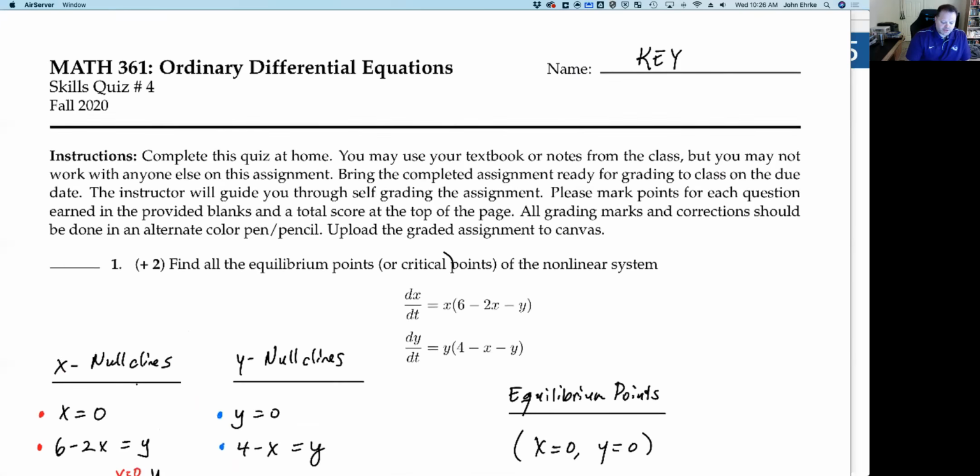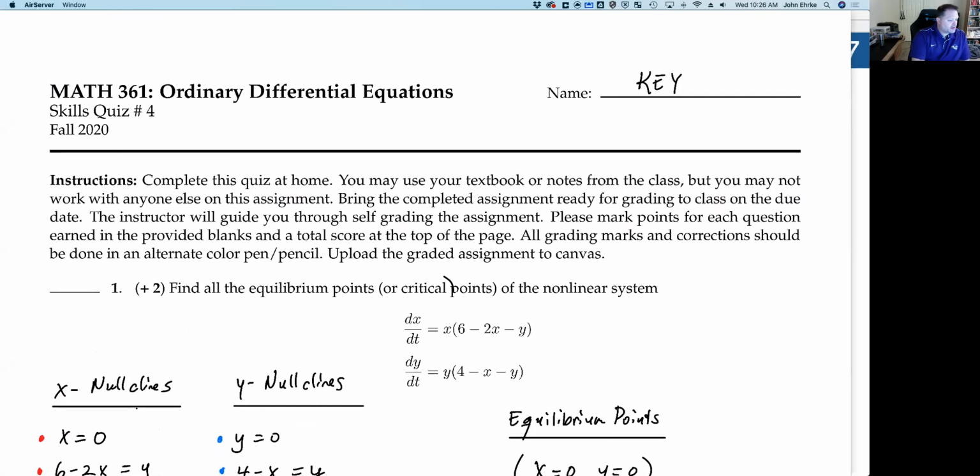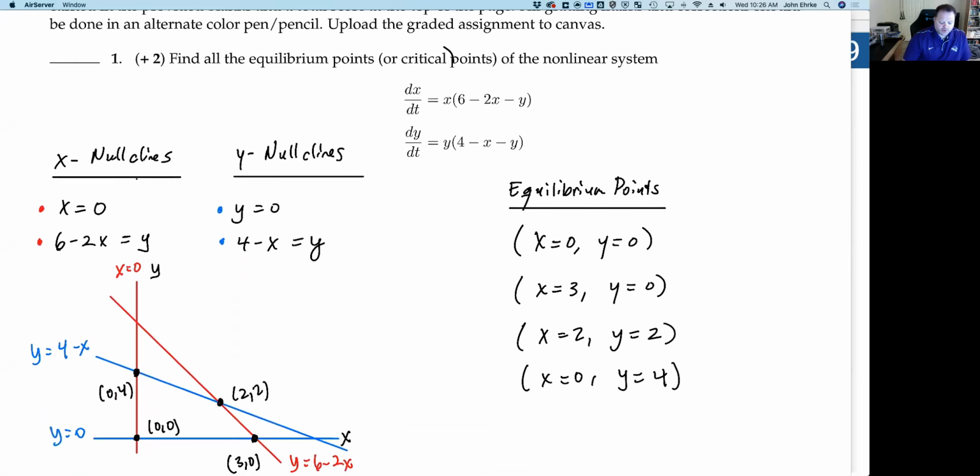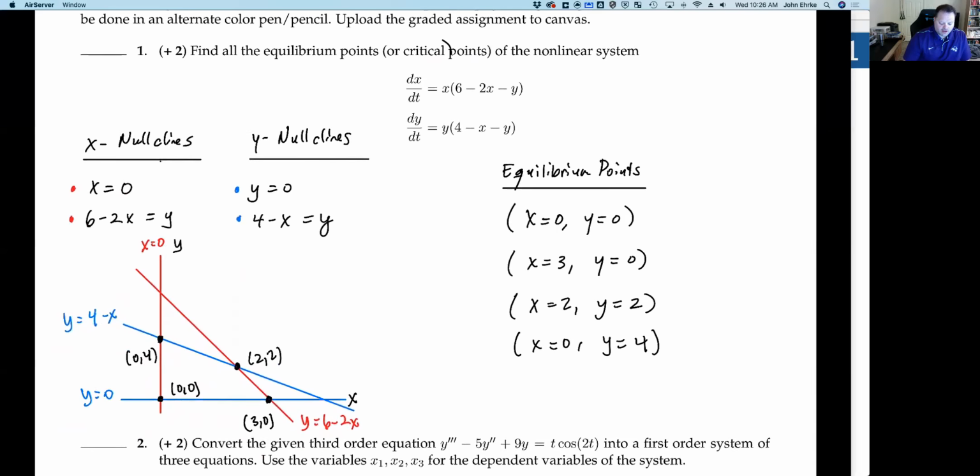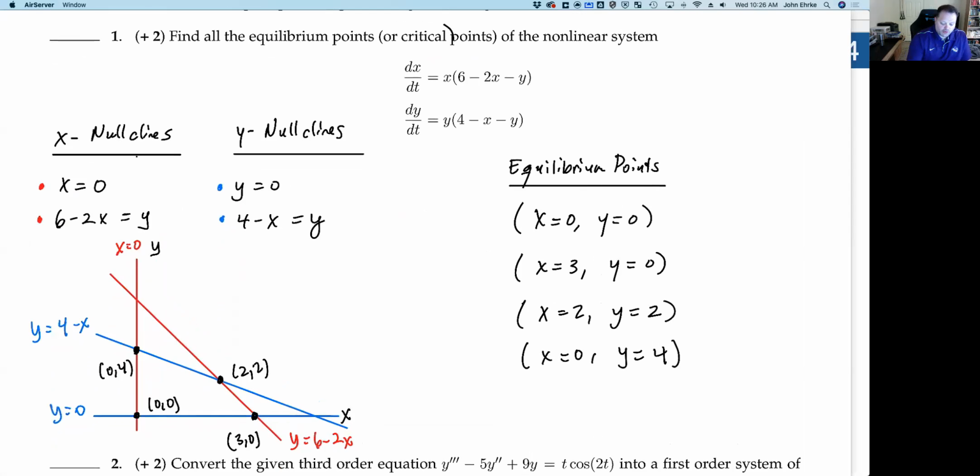So this is today's skills quiz. The first question on the skills quiz was asking you to find all the equilibrium points or critical points for the nonlinear system that's shown here. There are 2 points for this question.